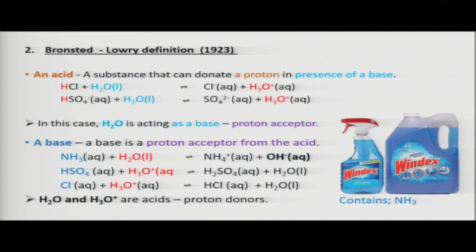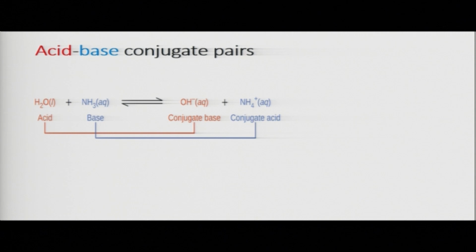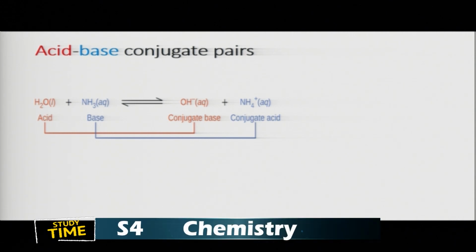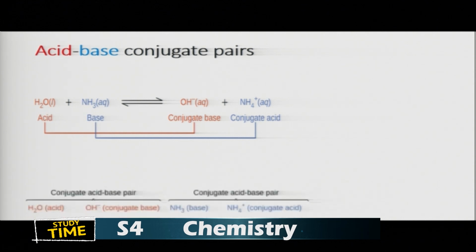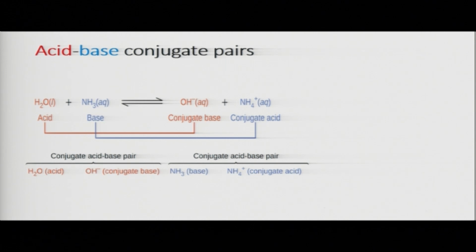So this is where we have the third key term, acid-base conjugate pair. What do we mean? Let's take a close look at these structures.